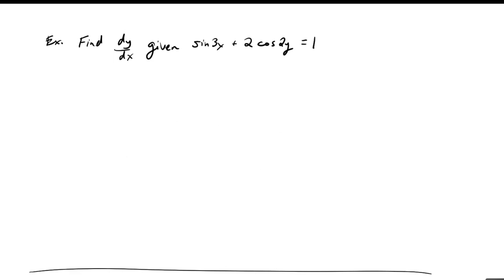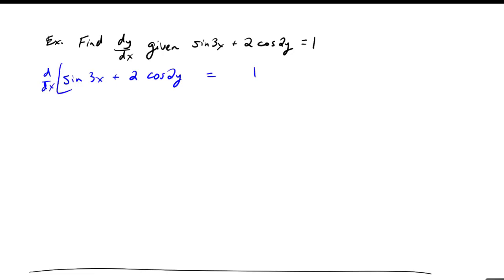Okay, how about another? Find dy/dx given sine 3x plus 2 cosine 2y equals 1. Okay, still sine 3x plus 2 cosine 2y equals 1.